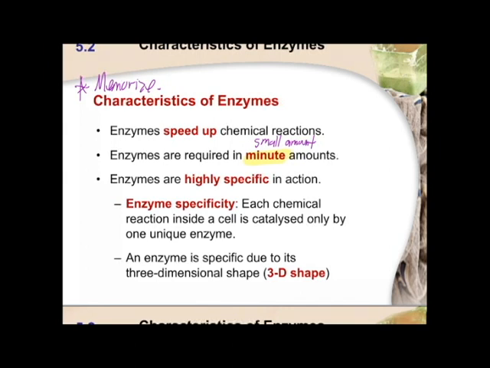Therefore, you only need a very small amount. This is very important, even though this one statement may seem like nothing, because if you are in an industry that deals with enzymes to manufacture something, what you want to do is to save costs.